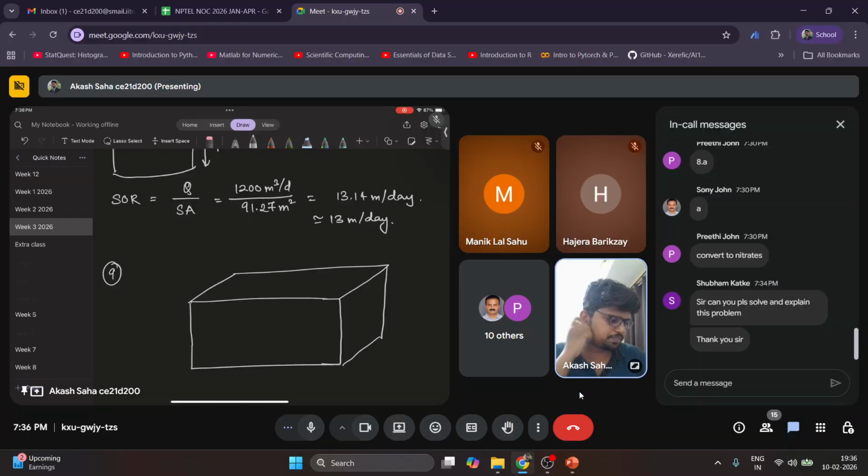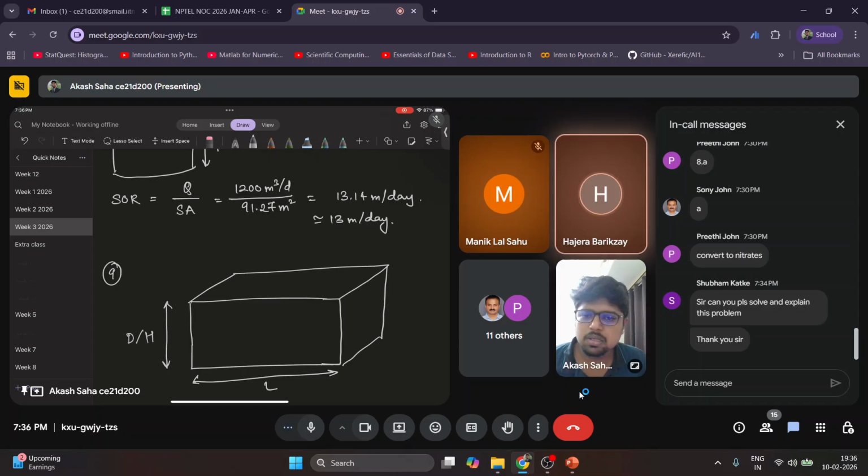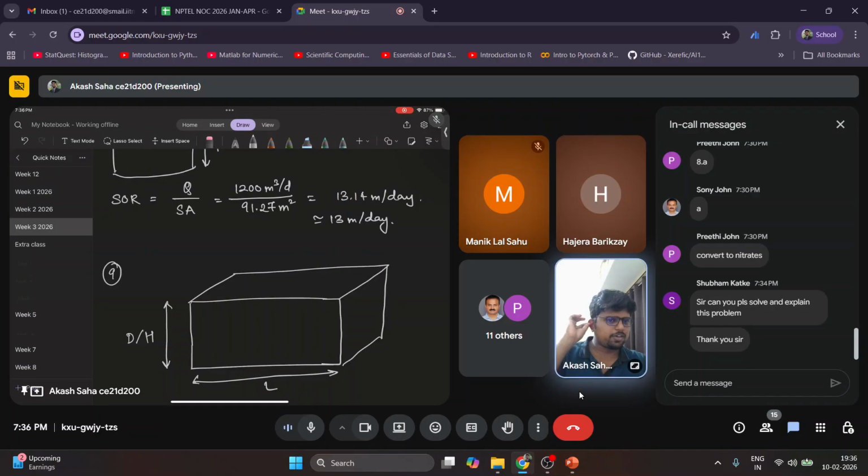This is the length, and this is the height or depth.